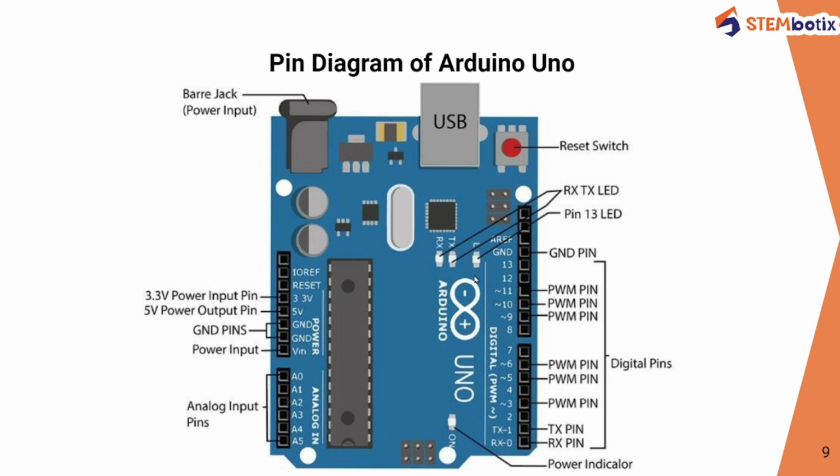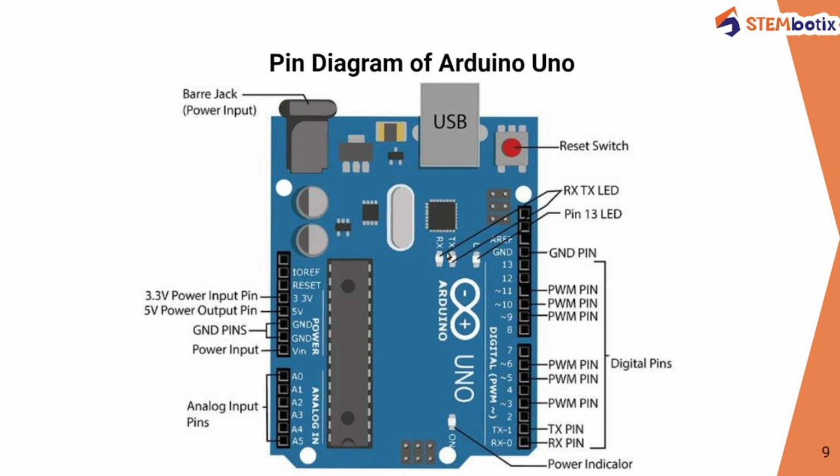After that, as you can see, over here you have L written on it, and this is for the LED pin. If you have connected any LED to pin number 13, you can see it here.